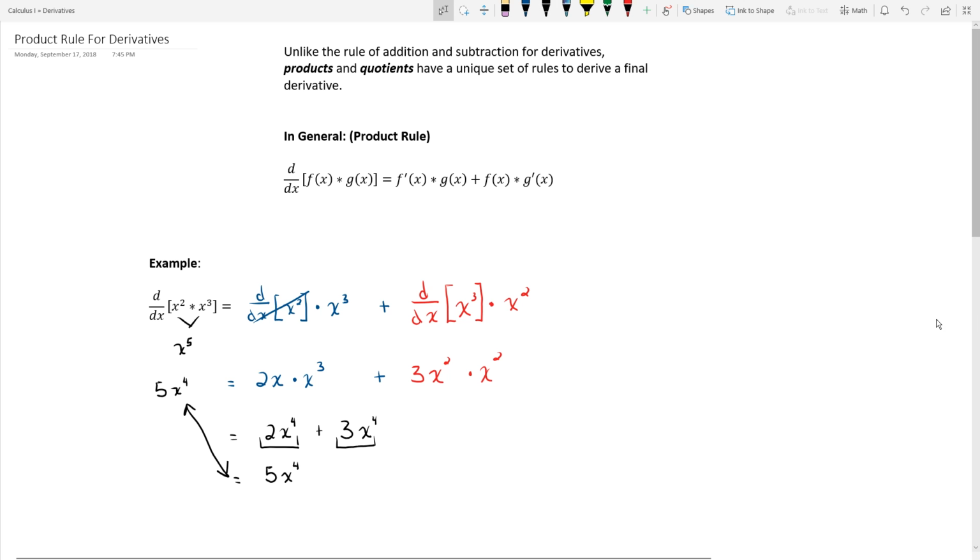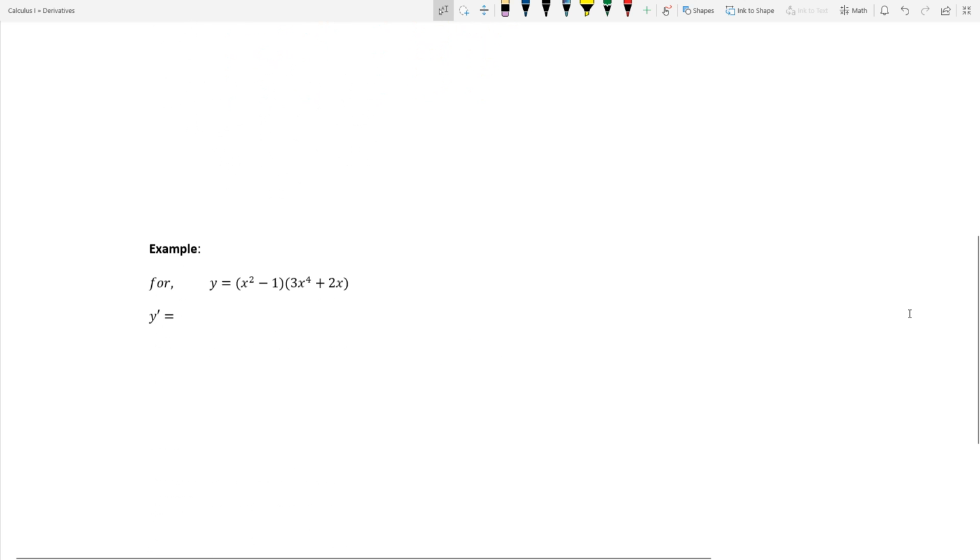So let's take a look at a little bit more difficult one. Come down here and we'll work through this. So we have for the function y is equal to two separate terms, and they are the product of each other. So you might see that we could probably FOIL this out. And once we FOIL this out, then we would have a nice long polynomial.